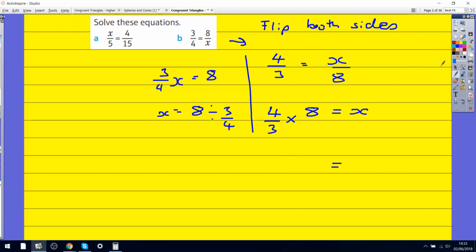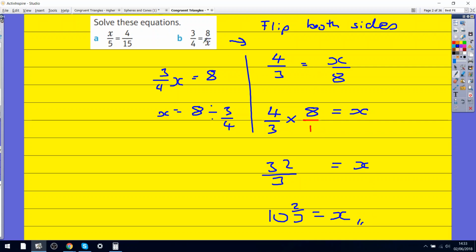What you could do is write 8 as a fraction. So 8 divided by 1 is 8. So you could write it as 8 over 1. And that's fine. You could leave it like that. Or you could say 10 and 2/3, same thing.